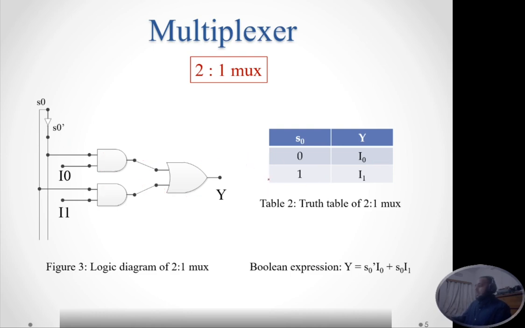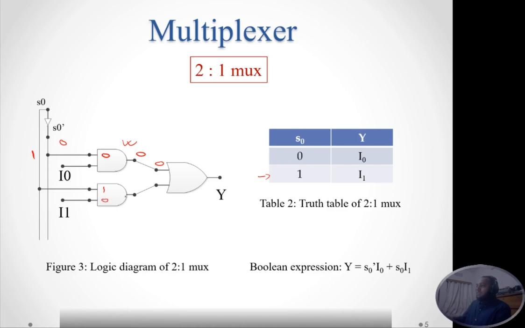Similarly, for the second pattern, we can see our S0 is 1, so our S0 prime is 0. So for the first AND gate, we will get one input as 0, so our output will always be 0. So one of the inputs for this OR gate will always be 0. And for the second AND gate, we have one input as 1, so the output of this AND gate will depend on I1.